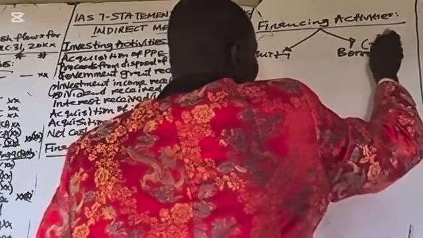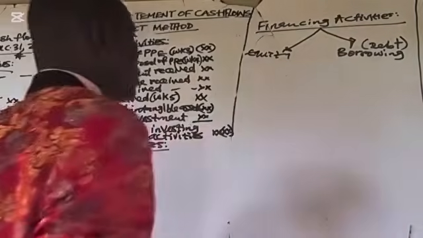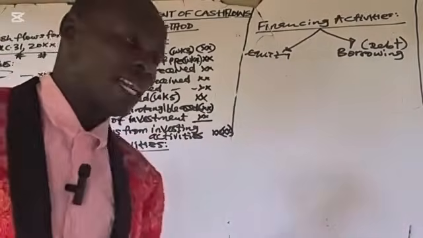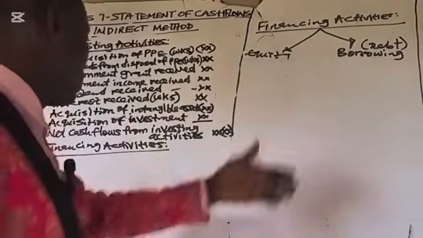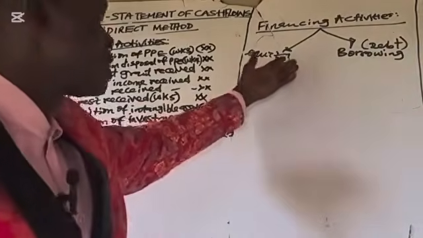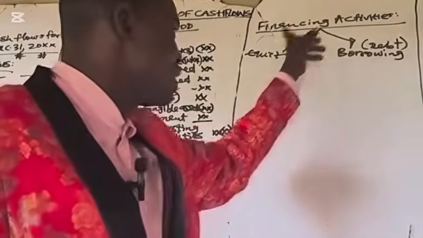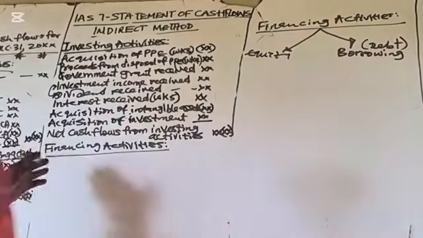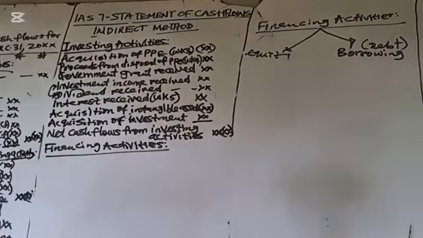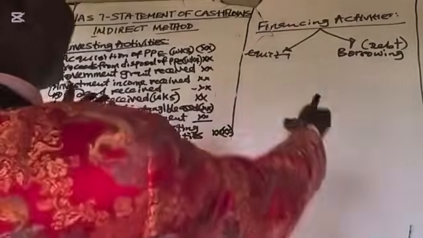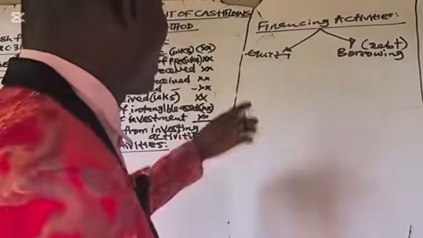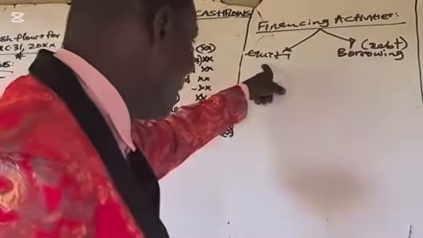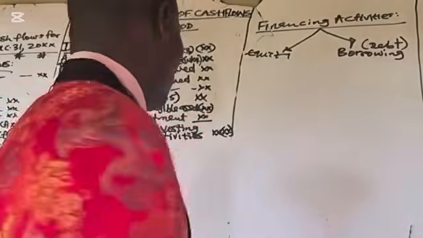These are the major sources of finance every business has. Those activities that result in changes in equity and borrowings, we refer to as financing activities. So whenever you get to this section of the statement of cash flows, you are expected to check the movement in equity and the movement in borrowings.